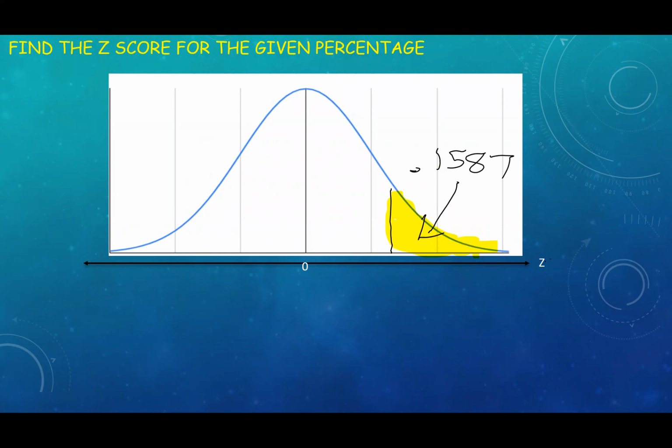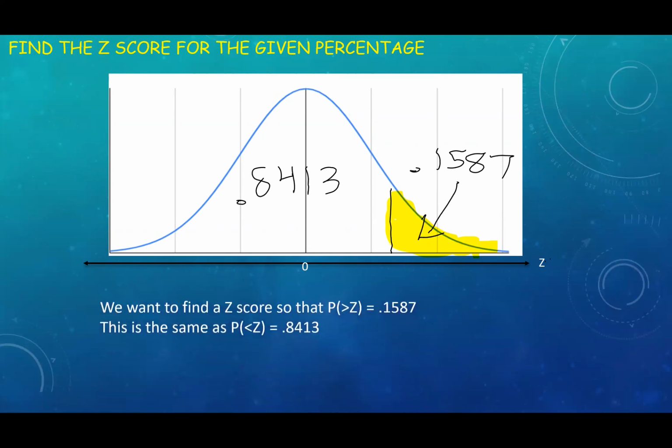How do we find the z-score? Well, we look on our z-table. But the z-table wouldn't tell us 0.1587, it would tell us 0.8413 because it shades to the left. So we want to find a z-score so that the probability of getting greater than z is 0.1587, which is the same thing as the probability of less than z being 0.8413.